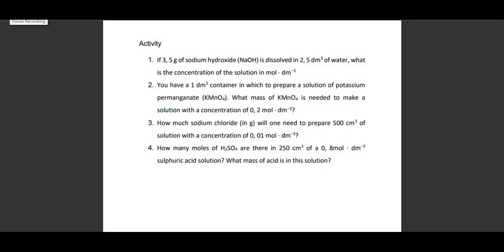So for us to learn how to calculate concentration, I would like for us to look at a number of questions. It's 4 questions in total.